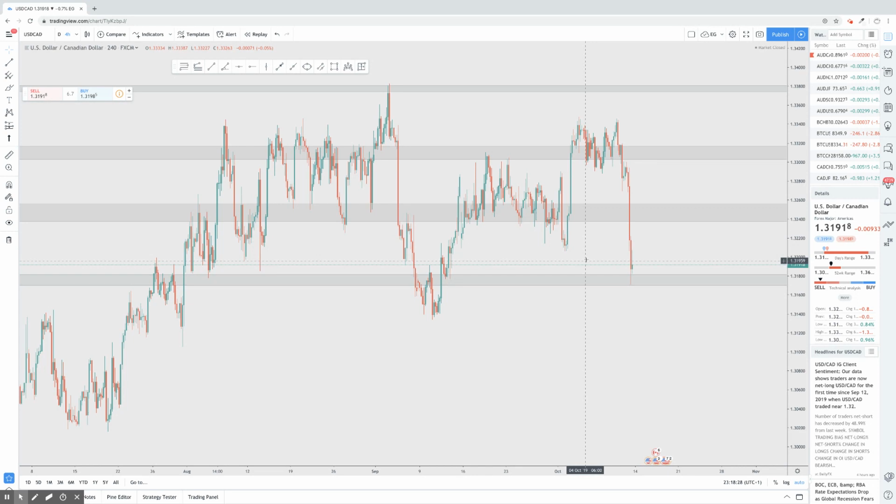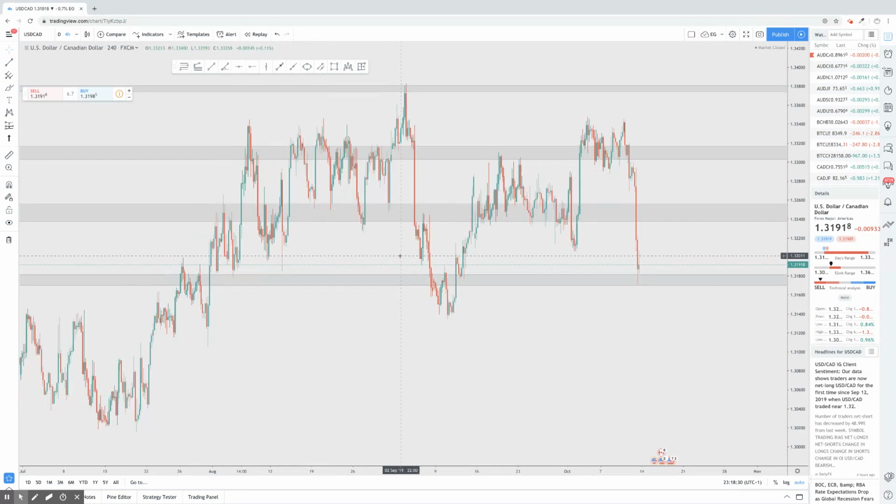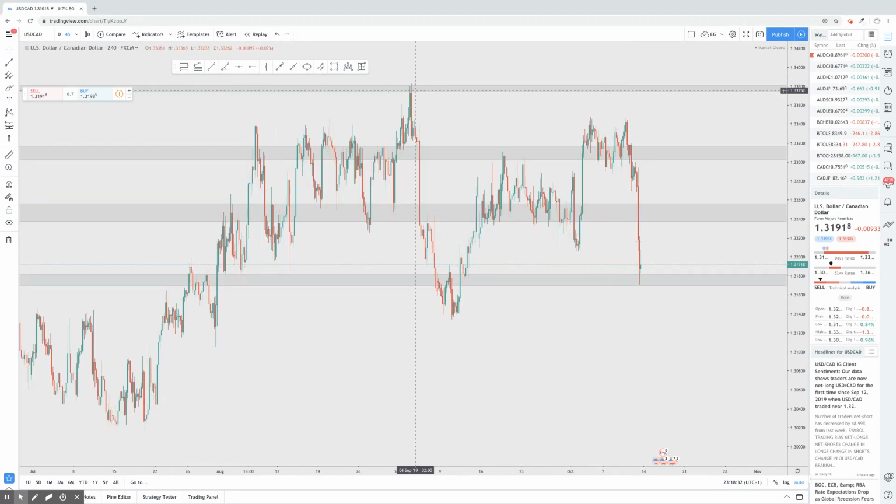So the reason I like trading the US Canadian dollar, you guys, number one is it tends to retest key levels and zones. Okay, so actually before I get into marking this up, I have some zones drawn in here. You can see how beautifully price just rejected that zone, right?